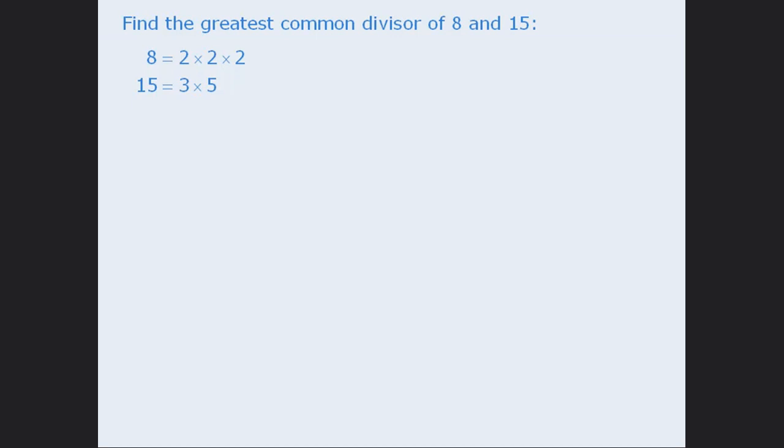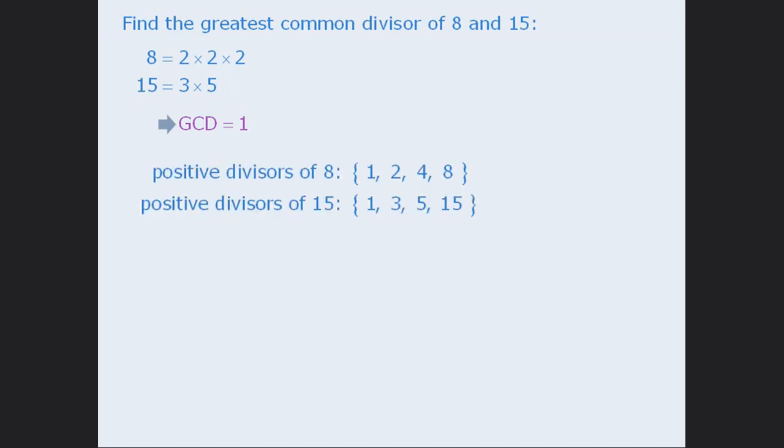When 2 or more numbers do not have any prime factors in common, the greatest common divisor will equal 1. The reason for this is that although it isn't necessarily apparent here, all positive integers have 1 as a divisor. So if we list the positive divisors of 8 and 15, we can see that both numbers have 1 as a common divisor. So the greatest common divisor of 8 and 15 is 1.